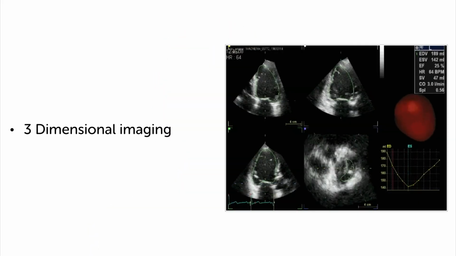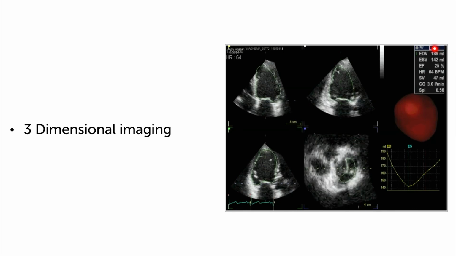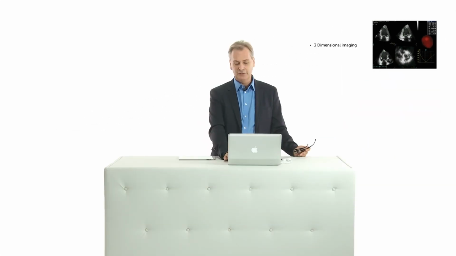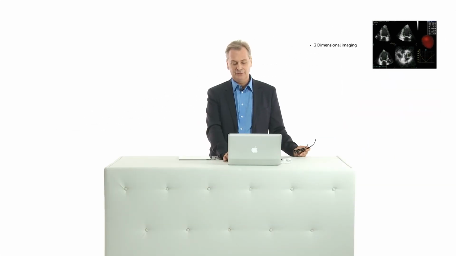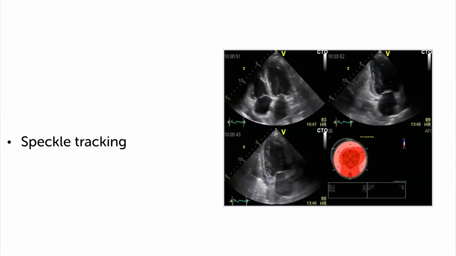For that, you need special three-dimensional transducers that allow you to generate the three-dimensional volume, and that you trace then, or you generate so-called pumping volumes. And these volumes give you very exact values that are probably superior to two-dimensional imaging when it comes to calculating ejection fractions.